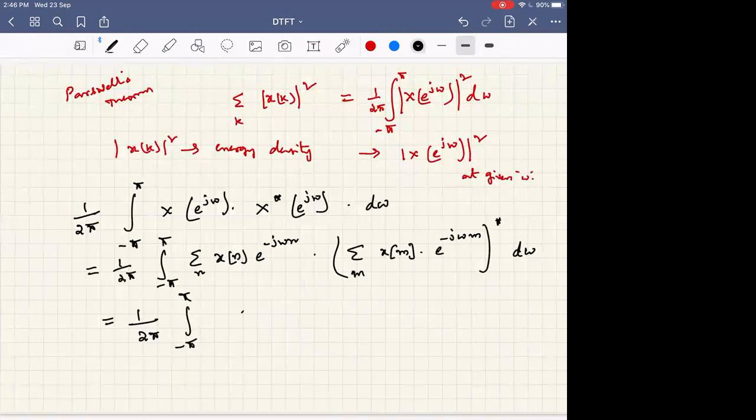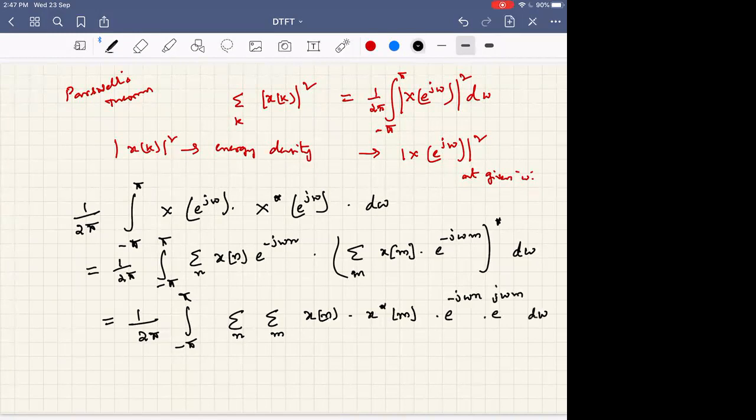Here this is summation over n, summation over m, x of n and x star of m. I'm writing both together: e power minus j omega n here, and e power j omega m d omega here.